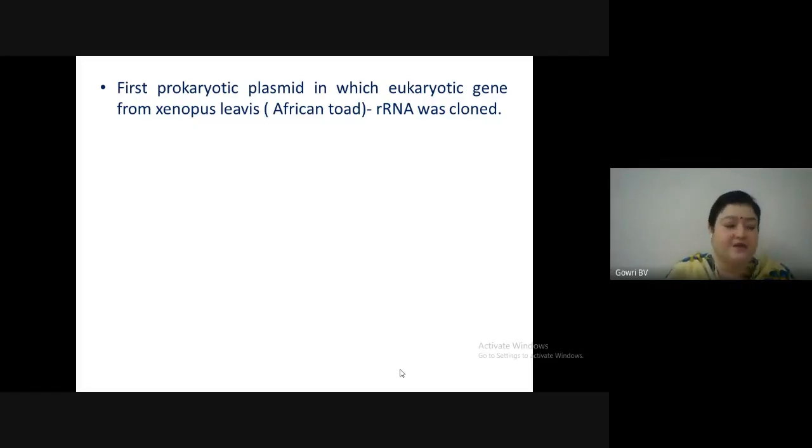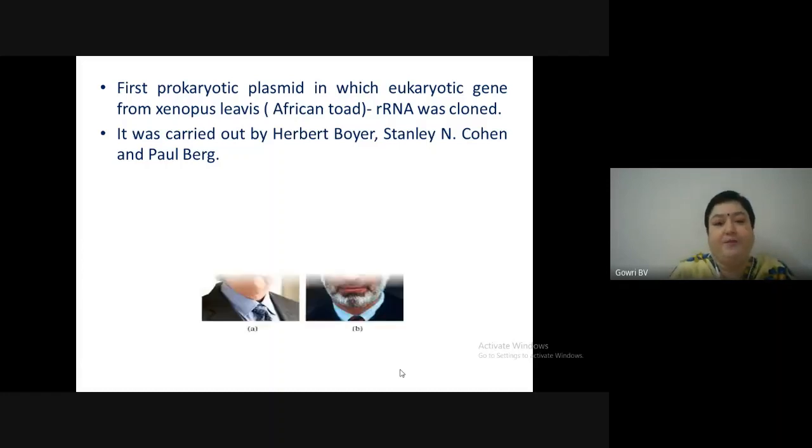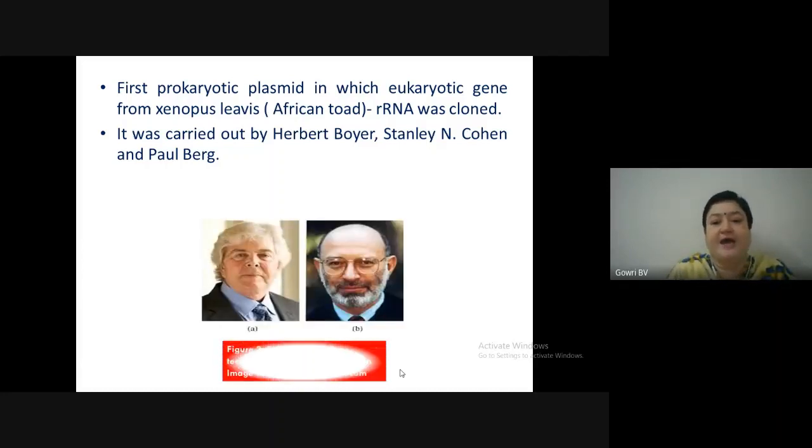They experimentally cloned the eukaryotic rRNA gene of the African toad Xenopus laevis in the prokaryotic plasmid pSC101, and the experiment was carried out by Herbert Boyer, Stanley N. Cohen, and Paul Berg. That is why they are referred to as fathers of rDNA technology.